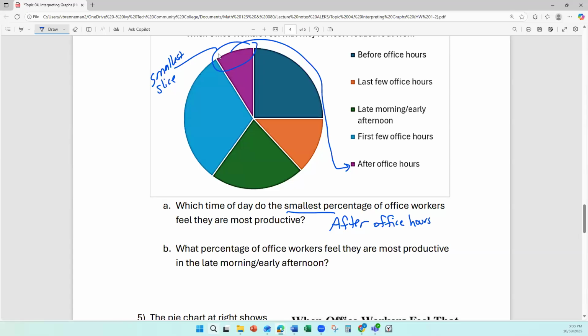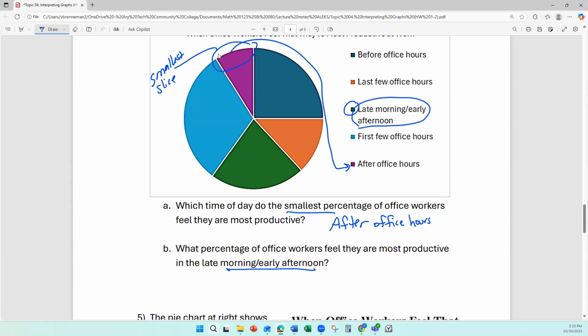And then to say what percentage, I have to just kind of look at the graph, say what fraction, turn that into a percent, or know how the percentages correspond. It's going to be a rough estimate. We're looking at most productive in the late morning, early afternoon. So I have to start with the legend, late morning, early afternoon here.